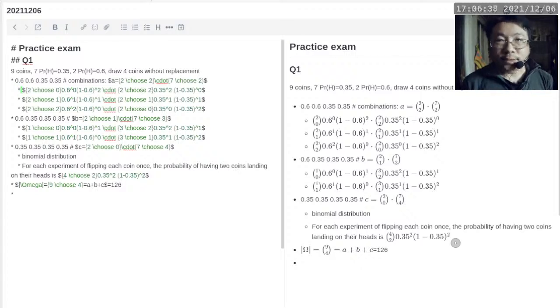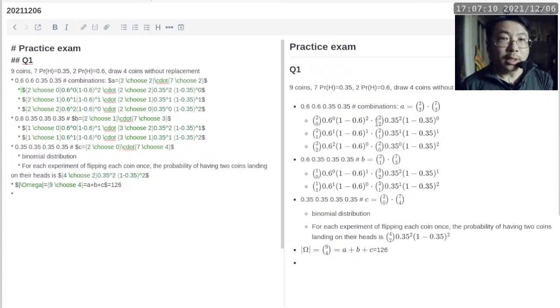So the way this is going to be graded is, I will basically be looking at the reasoning. I'll be looking for the reasoning of the counting of each combination. So there are 3 different ways, right? This is 1, this is 1, and then this is 1. And then for each way, I'm looking at all the chances of having 2 coins, both contributed by the 0.6, 1 contributed by the 0.6, 1 contributed by the 0.35.